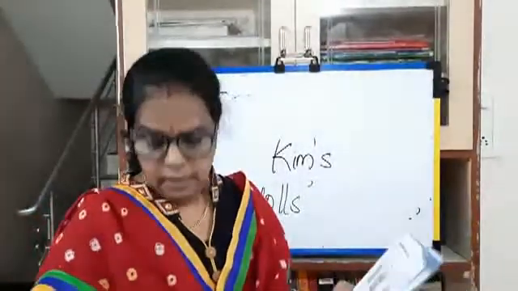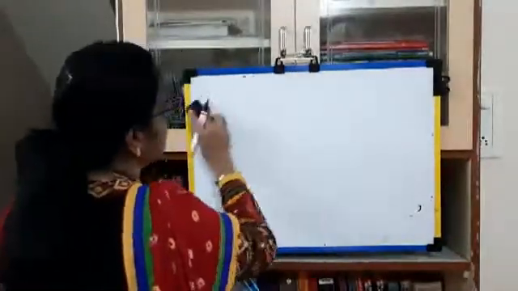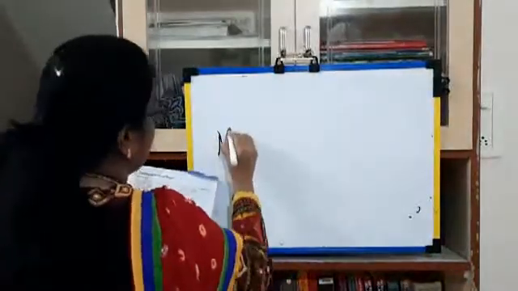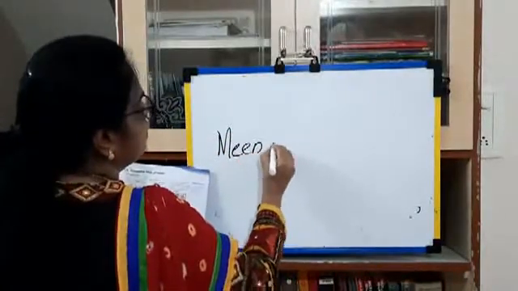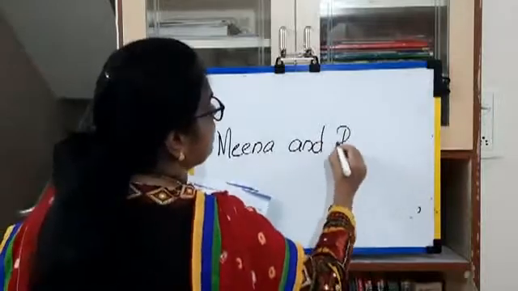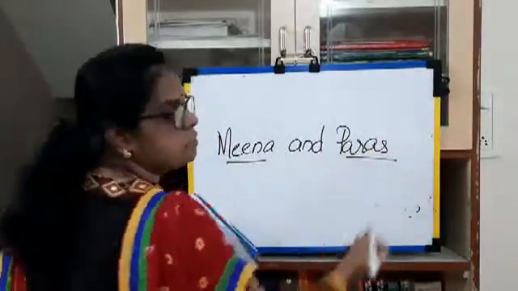See, Meena and Paras. Okay, it is two nouns joined, so we add apostrophe s in the second noun. Meena and Paras, we join two nouns.